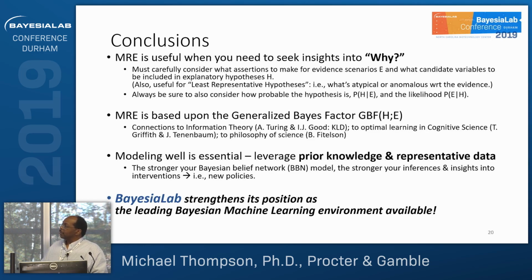And finally, the actual model you use for the BBN is very important. It dictates the limits of how useful the information is and what purpose you can apply it to, but especially if you're doing causal inference, you need a strong causal model so that those diagnoses make sense.